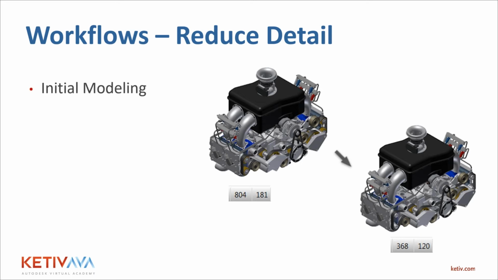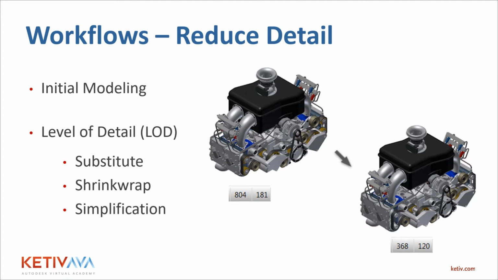So how do we do that? We're going to start with initial modeling, right? And there's no getting around that. If you can initially model something with a little bit less detail, great. Do it early. But then if you start using level of details, this is one of my favorite features. You do want to know about some caveats when using it. But you can basically substitute that entire assembly, or maybe some of the sub-assemblies.